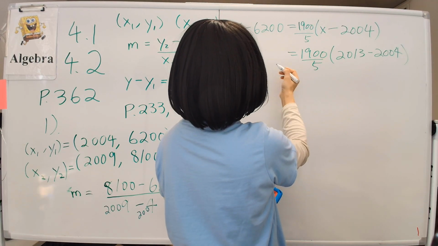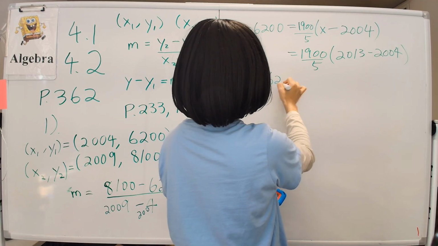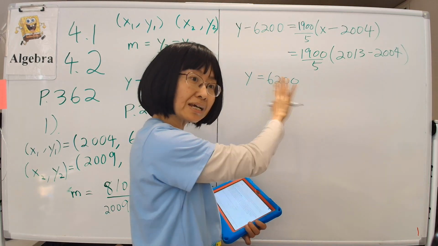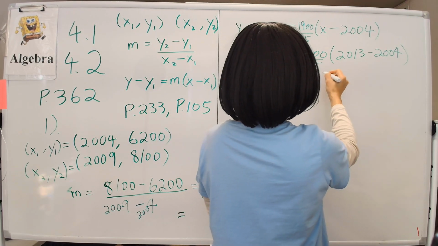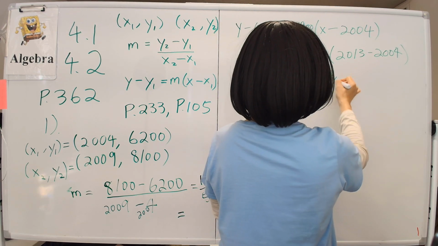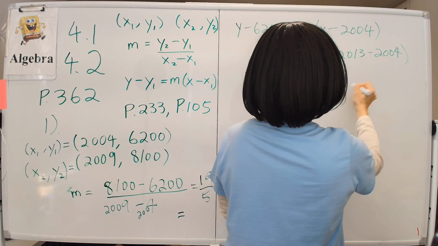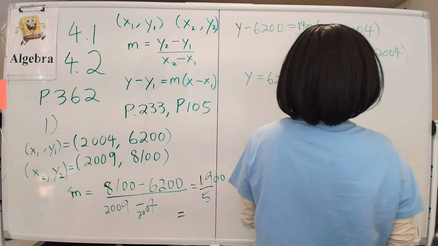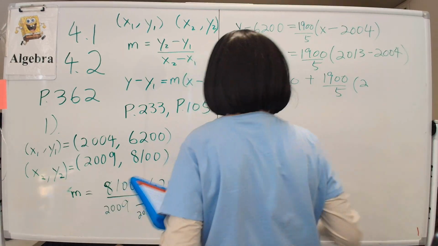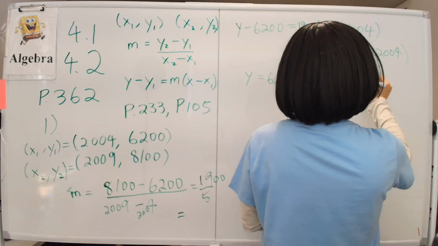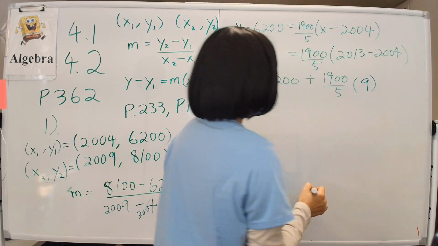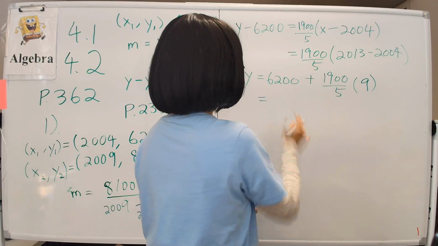So y equals 6200, pushed to the other side of the equation, plus this pile of stuff: 1900 over 5, and then 2013 minus 2004 is 9. And that equals whatever it equals.